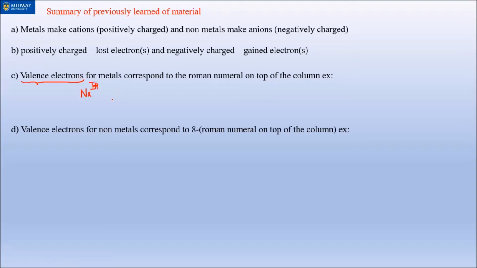What does that mean? Sodium has only one valence electron available for bonding, and sodium is a metal, so it'll make Na1+. It can lose the one valence electron it's got, and because it's lost, it's plus. Calcium is under 2A.